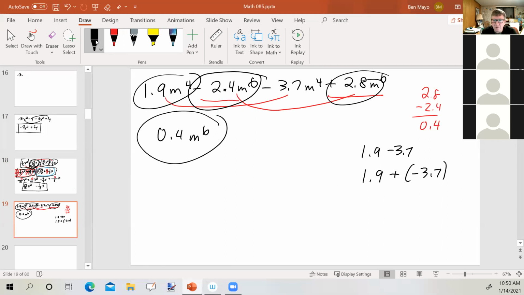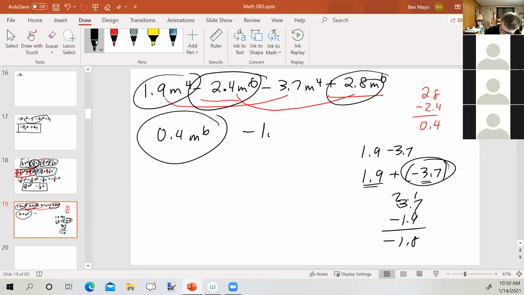When you're adding two numbers with different signs, you subtract the smaller absolute value from the larger. So basically you get this, and that becomes 1.8. But because the largest absolute value was negative, you end up getting negative 1.8 m to the 4th.